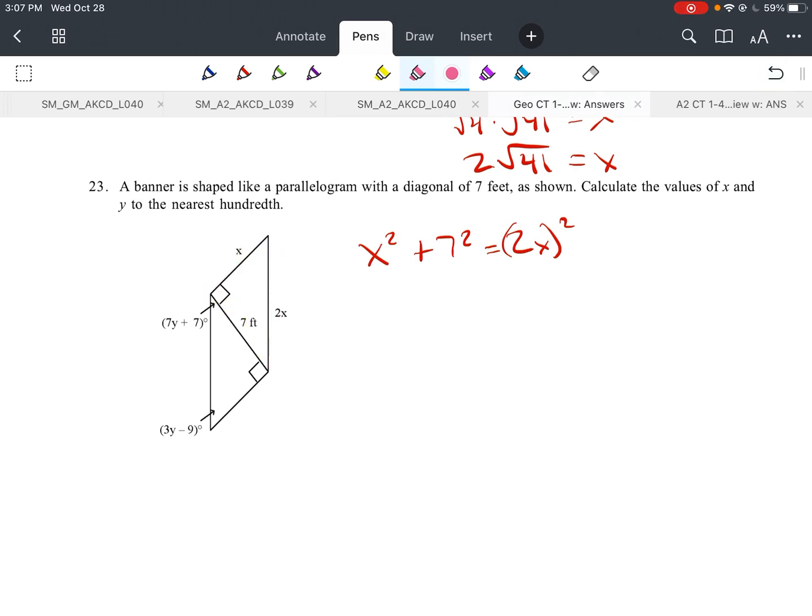So this would be x squared plus 49 equals 4x squared. I'll subtract x squared from both sides. So I get 49 equals 3x squared. Divide both sides by 3.